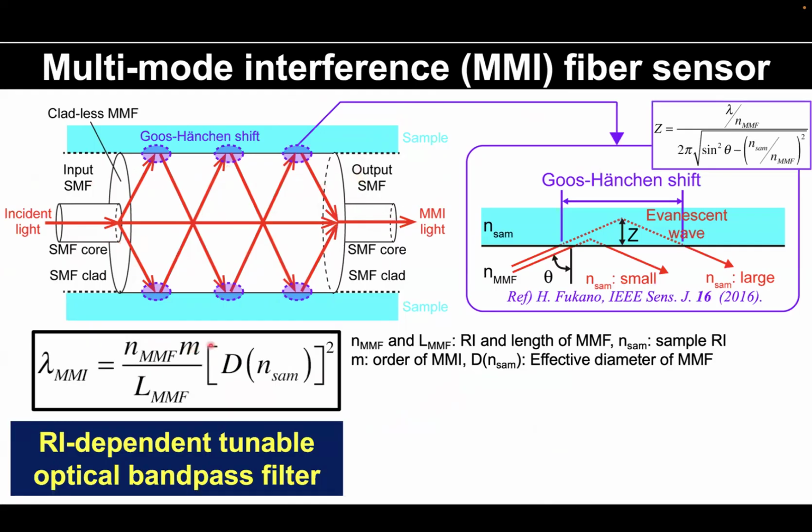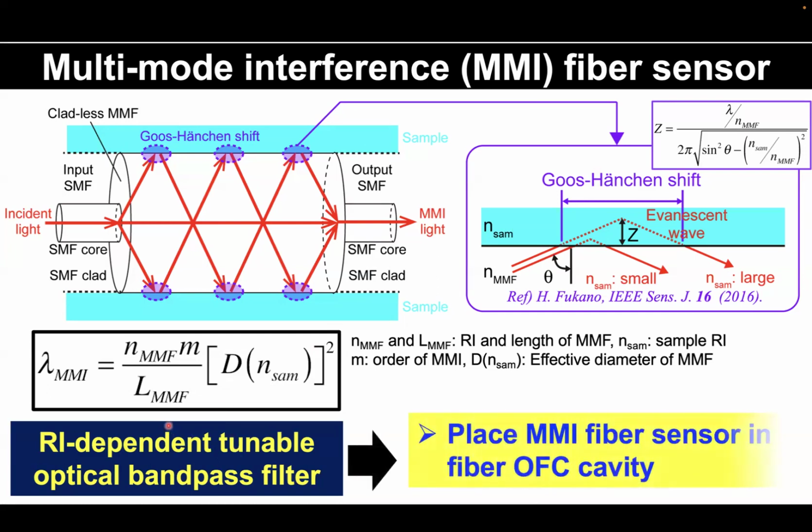Only the light satisfying this equation, namely the MMI wavelength or lambda MMI, can pass through the MMI fiber sensor. Furthermore, the Goos-Hänchen shift at the boundary between the sensor surface and the liquid sample depends on the sample RI. In this way, since lambda MMI is a function of sample RI, the MMI fiber sensor works as an RI-dependent tunable optical bandpass filter.